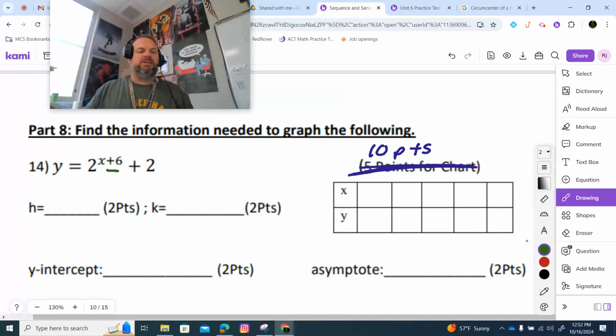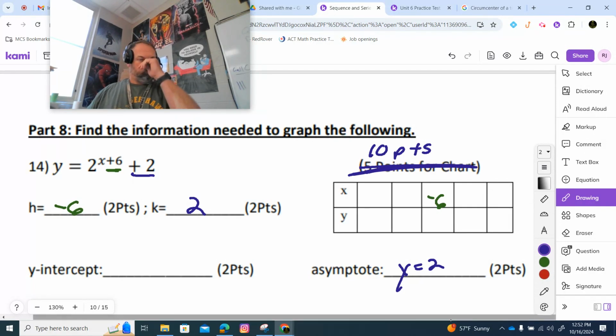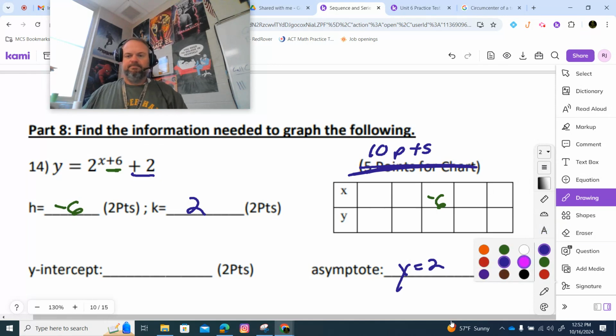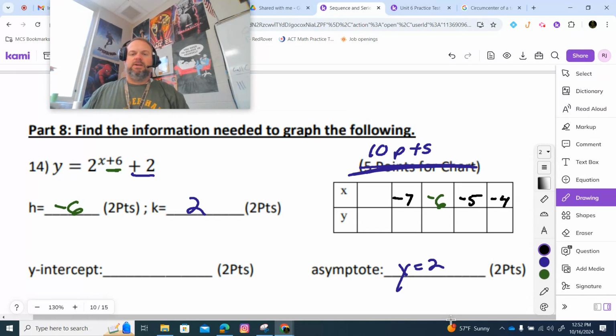So, all right, H is the opposite of this. So this goes here and it goes here.